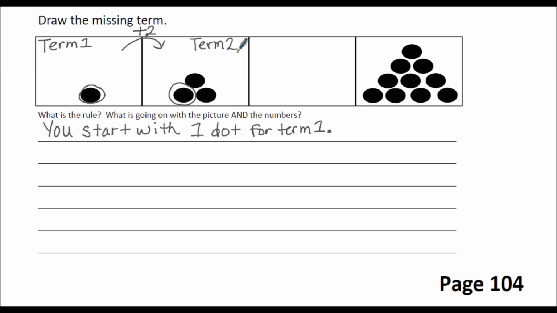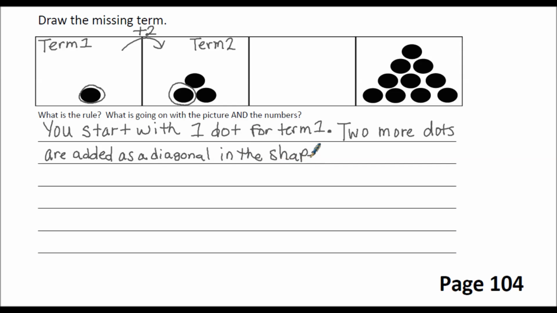We're adding them across that diagonal. At this point, 2 more dots are added as a diagonal, and we're trying to keep that triangular shape. So as a diagonal in the shape of a triangle, and that's for term 2.